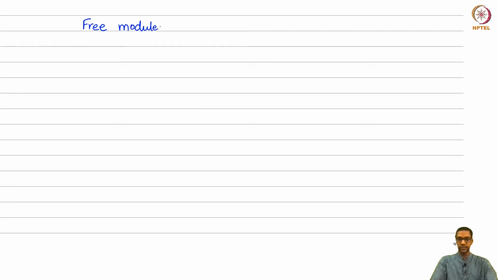So the first one is free modules of the integers, free Z modules or free abelian groups. Okay, so what is a free abelian group on a set?